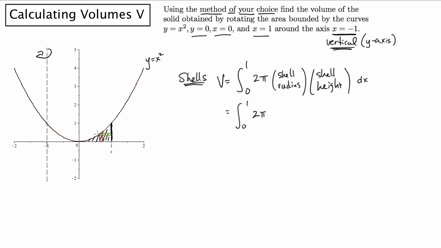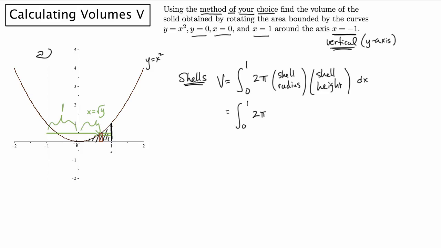So if this red rectangle here was the rectangle we were looking at, the distance from the axis of rotation to that rectangle would be this distance that I've denoted with the green arrow here. That distance is 1 for that piece plus whatever this function is as a function of y, which turns out to be square root of y.